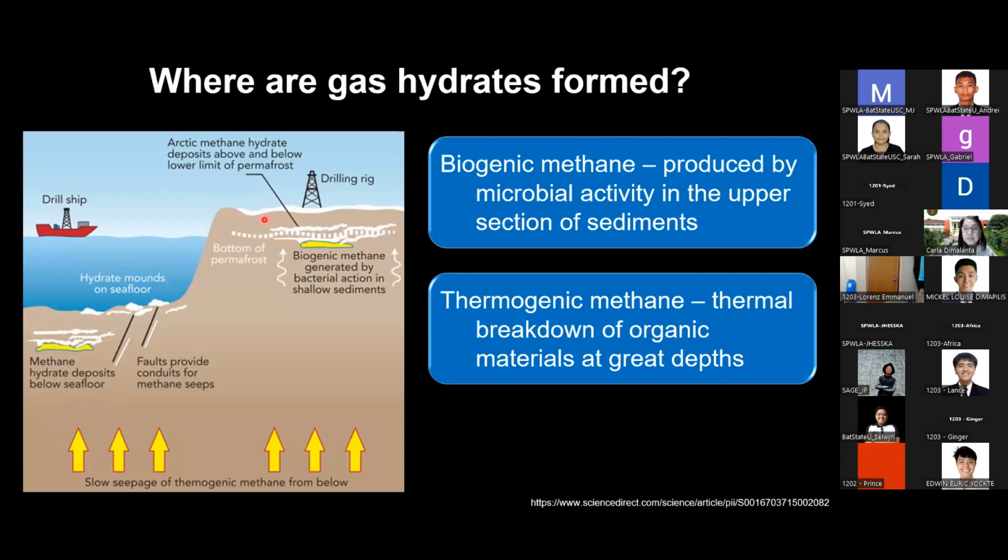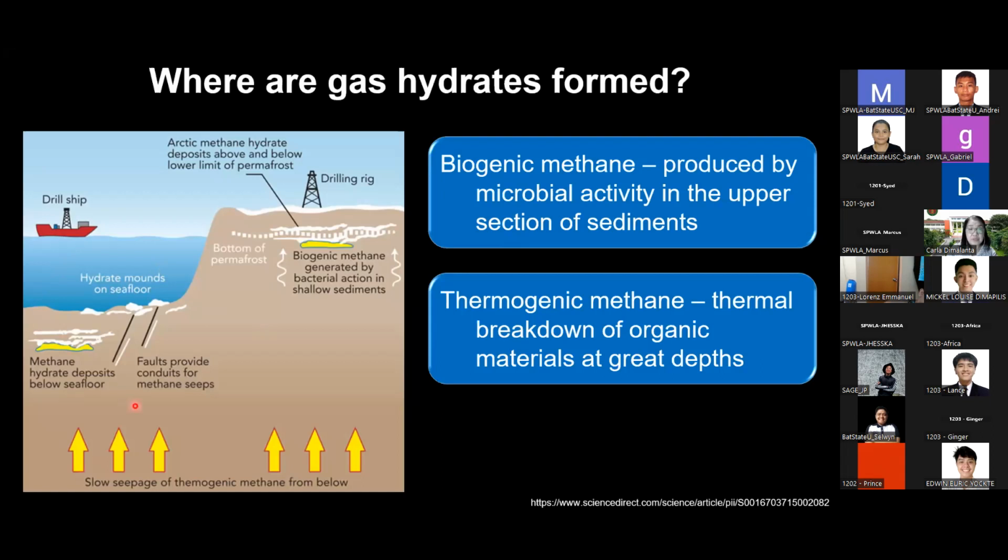Aside from these two areas, there are also two types of methane that form the gas hydrates. One is known as biogenic methane, and this is simply produced when you have microbial activity in the upper section of sediments. This is what we typically see in permafrost regions. And then the other kind of methane is the thermogenic methane.